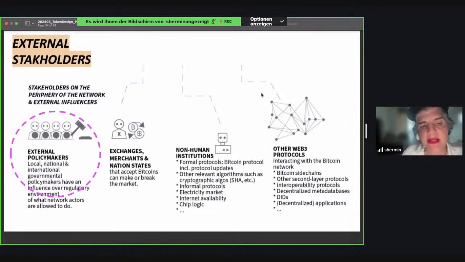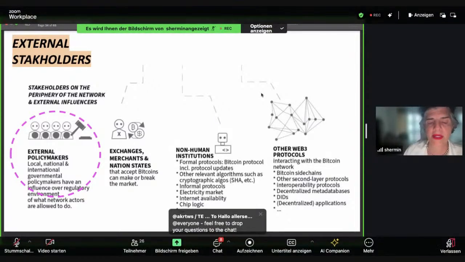Today, policymakers all over the world on a local, national, and international level have more and more explicit cryptocurrency legislation, crypto legislation, Web3 legislation, smart contract-based legislation that also influences the economic conditions of the Bitcoin network, and whether or not it is profitable to invest into Bitcoin, to become a miner, etc.